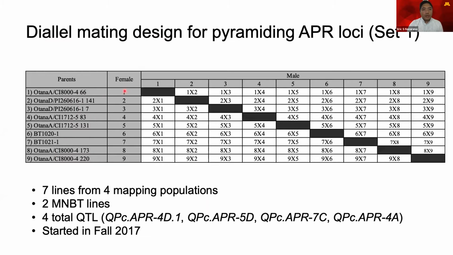So we use 1 parent as a female and as a male. And we included here the 2 MNBT lines from Dr. Rines, and there are 4 total QTL that are available in these lines for pyramiding. And we started this in 2017, and we have advanced lines right now.